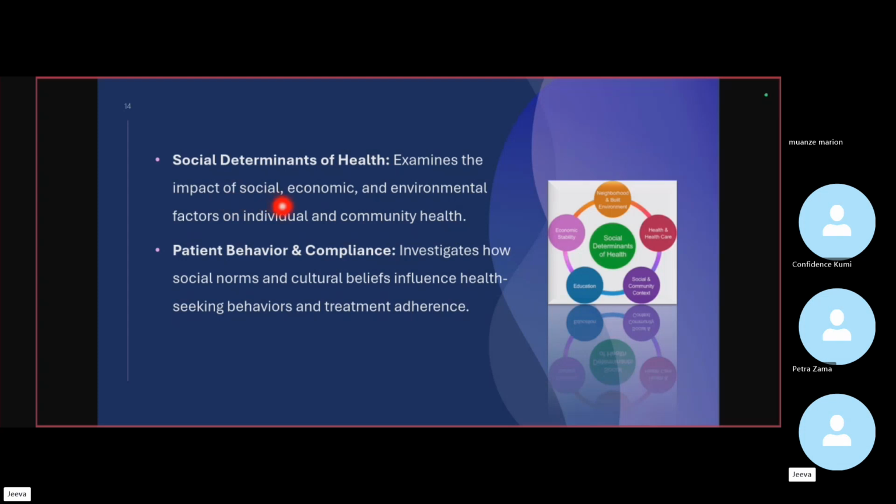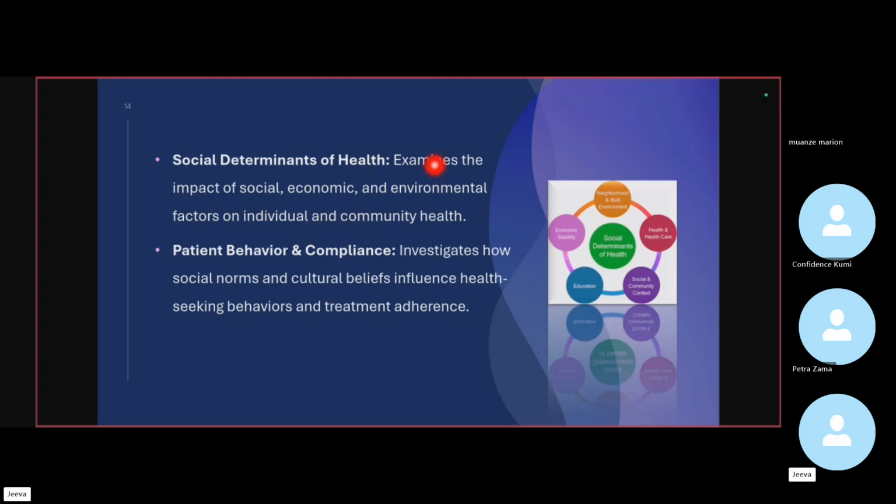So how will that affect a community's health? Poor people will have very little access to the healthcare system, whereas very rich people will have more access. Then environmental factors: those living in slum regions have more diseases, whereas people maintaining a healthy lifestyle will have fewer health issues.